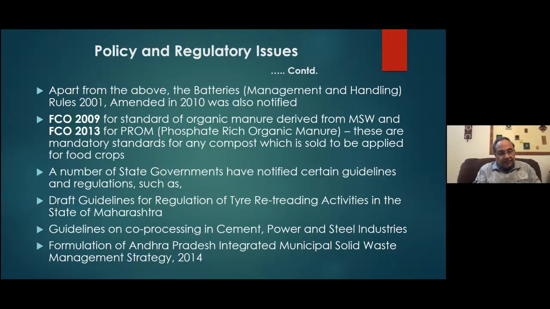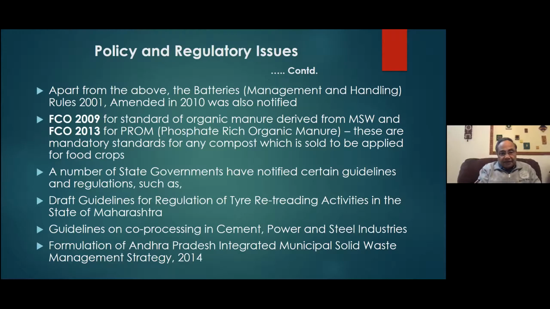So the FCO, which is the Fertilizer Control Order, was finally notified in the year 2009 for standards of organic manure, and FCO 2013 for PROM. PROM means phosphate rich organic manure. Now these rules are very strict, and they are applicable when this compost is sold for application to food crops. Therefore, it's very important that these rules are meticulously followed.